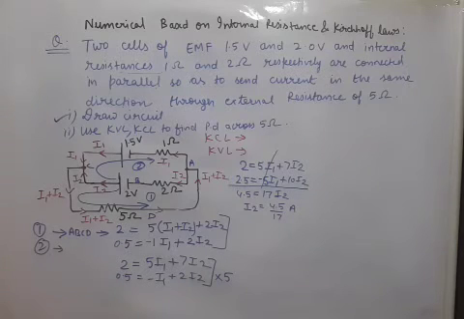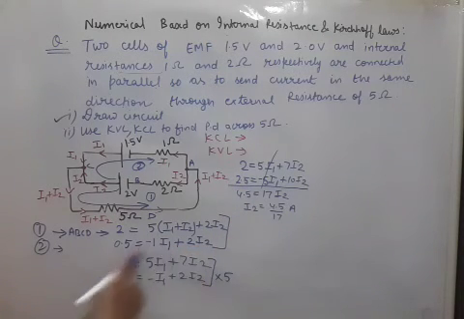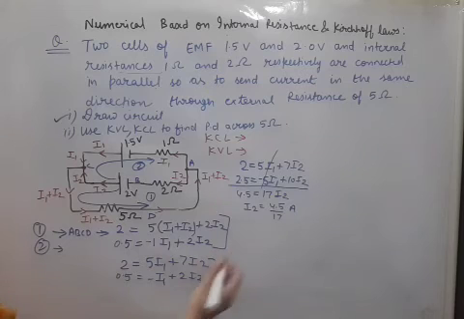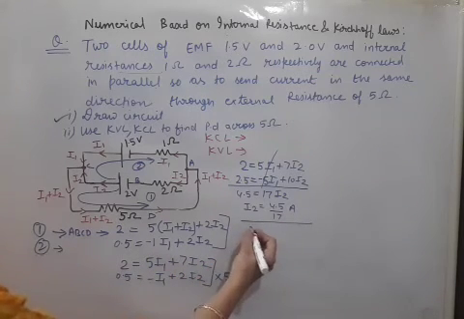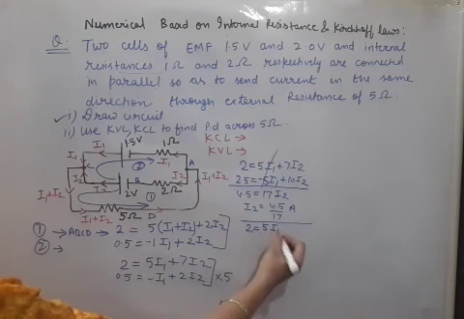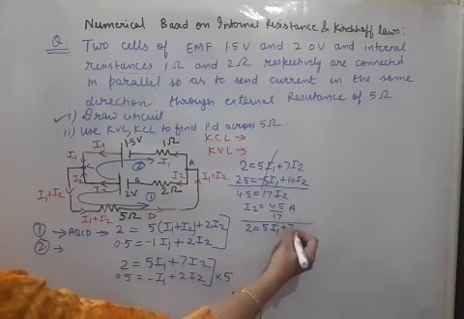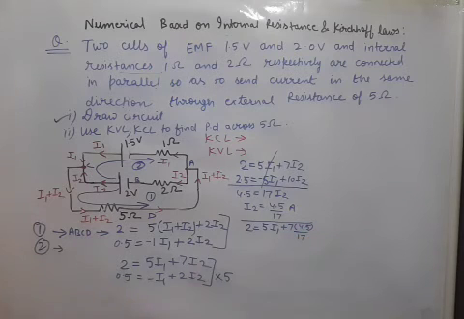In the same manner, we can get I1 also. We can put this I2 value in any of the equations. So in any one equation let us substitute. I am substituting in the first equation only. Seven into 4.5 upon 17.